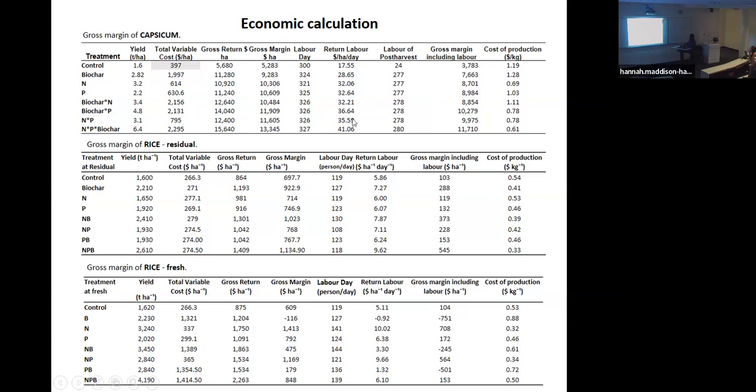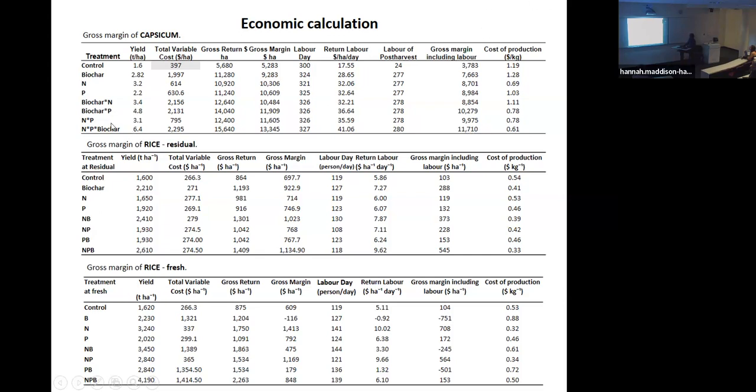This analysis tells us that by using fortified biochars, or biochars combination fortified with phosphorus and nitrogen, increase the profitability of farmers in terms of gross margin by $13,345 American dollar per hectare, or in terms of gross margin, including the labor, by 11,700 something American dollar.